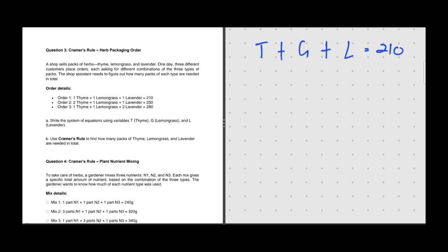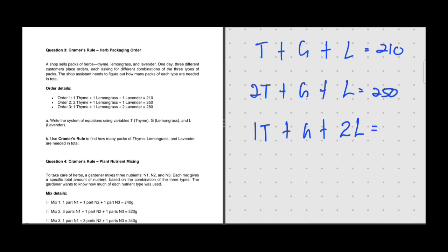For order 2, 2 thyme plus 1 lemongrass plus 1 lavender equal 250. Order 3, 1 thyme plus 1 lemongrass plus 2 lavender, which is 280. This is the answer for question 3a.